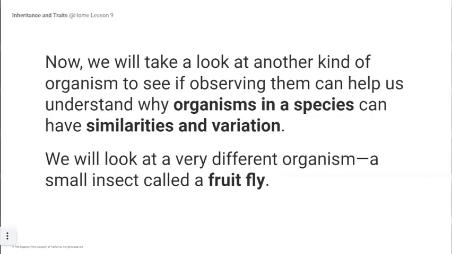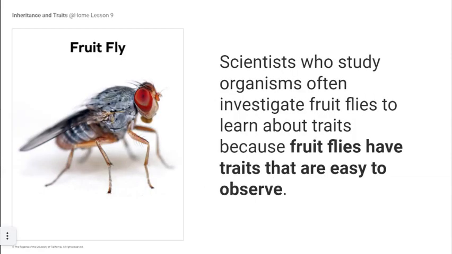Now, we will take a look at another kind of organism to see if observing them can help us understand why organisms in a species can have similarities and variation. We will look at a very different organism, an insect called a fruit fly.